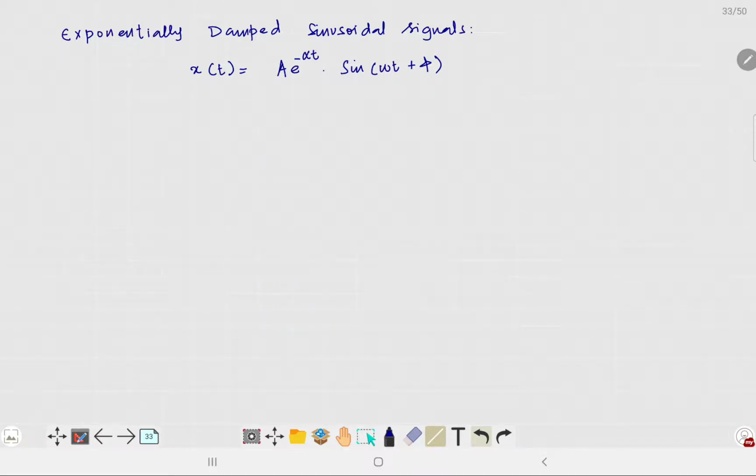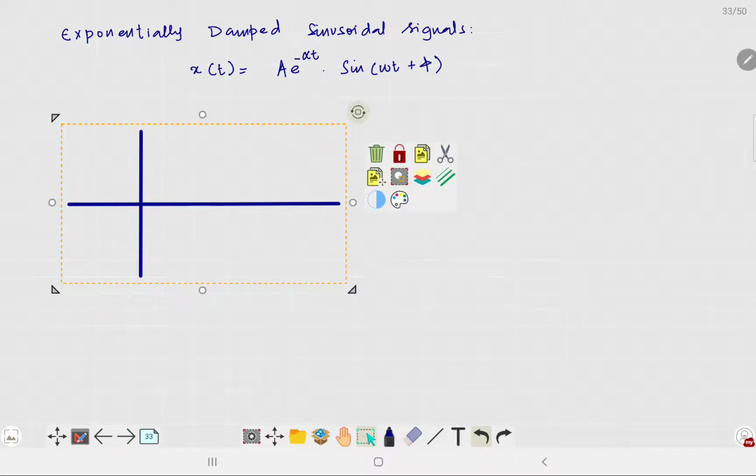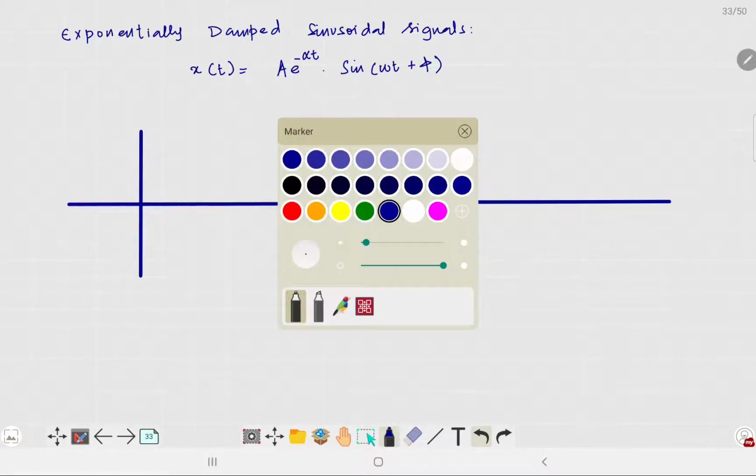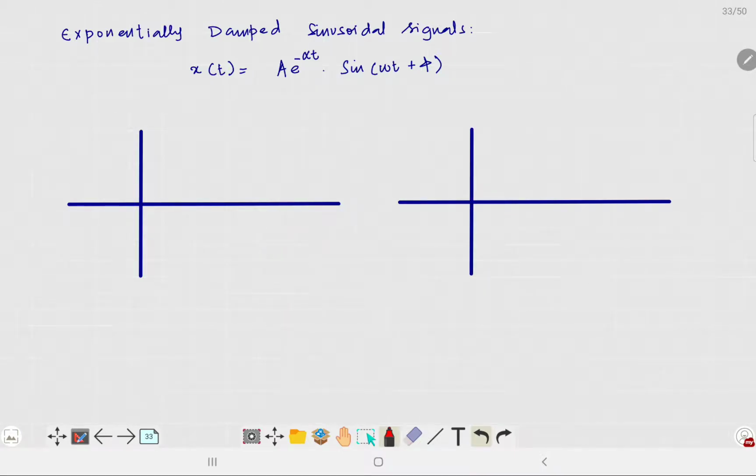Fine. So if I typically plot it, normally pure sinusoidals have sustained oscillations. Your normal sinusoidal will have a sustained oscillation, something like this. The amplitude will not vary, ideally speaking.